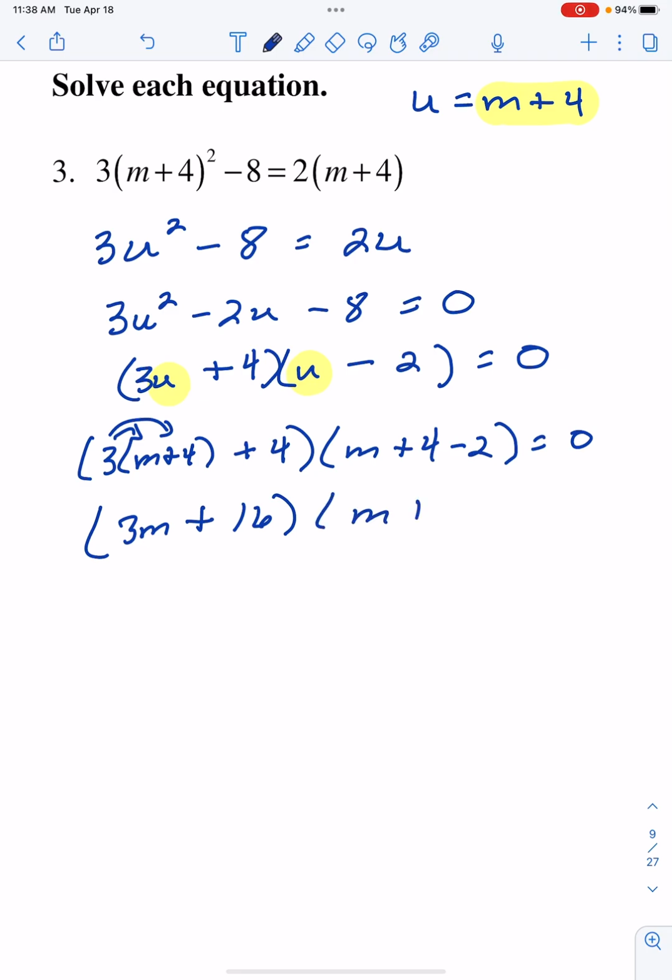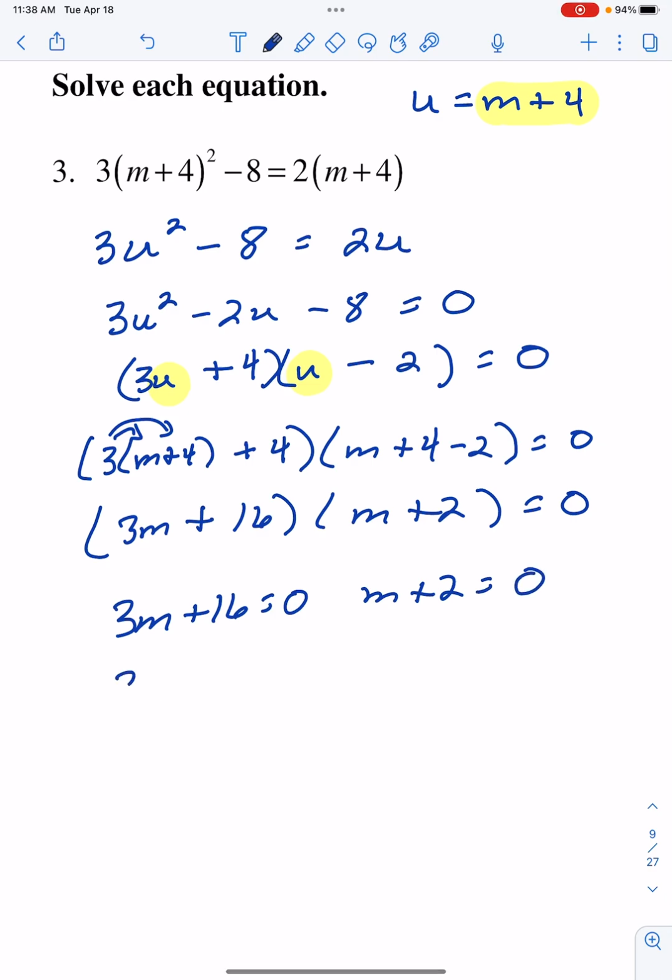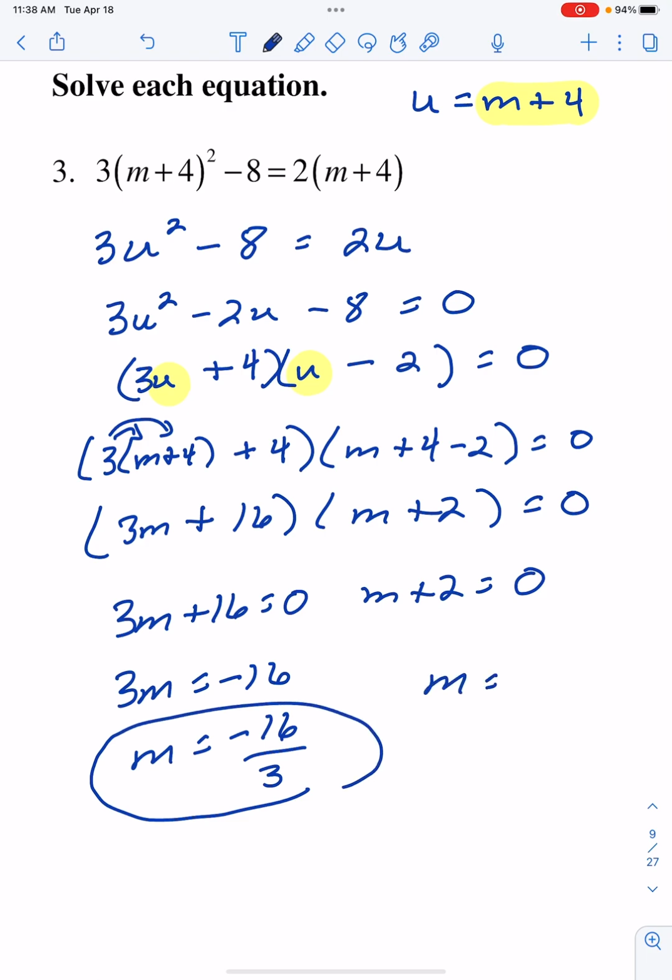And then this is m plus 2. So I factored by substitution. I'm going to set each factor equal to 0 and solve. So 3m equals negative 16. M is negative 16 thirds. And m is negative 2.